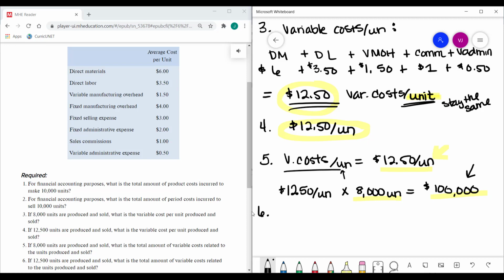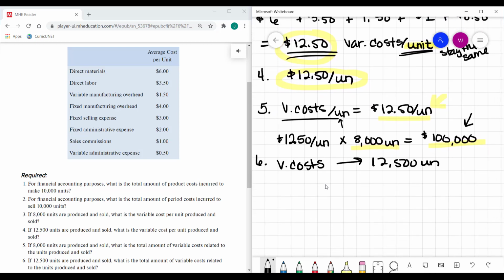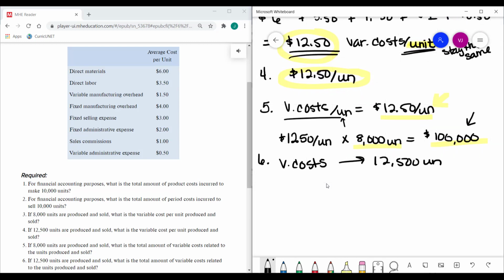So now they're asking us the same thing, but what's the variable cost for 12,500 units instead of 8,000? Now, going from 8,000 units to 12,500 units, the variable cost per unit didn't change, right? That stays the same per unit. So that's still $12.50 per unit. But now we're going to convert that to a total amount.